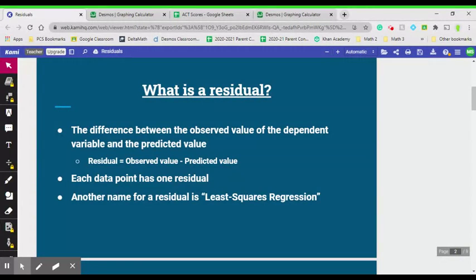And it's going to be a positive or negative value because your original observation output, your y, is going to be a certain amount above or below what your regression equation would tell you about that same output. This is also known as least squares regression. There's a formula associated with that you would learn more in depth about in a traditional statistics class, which you may or may not take in your future.